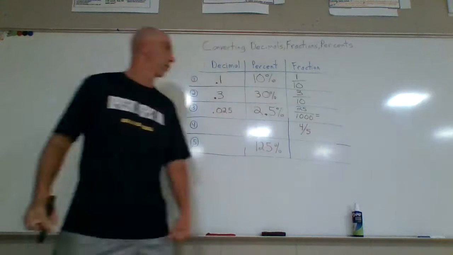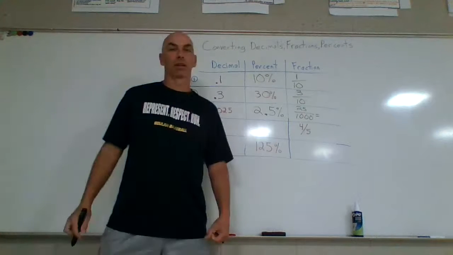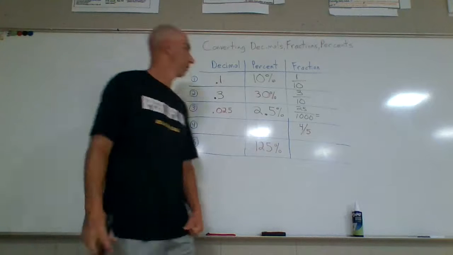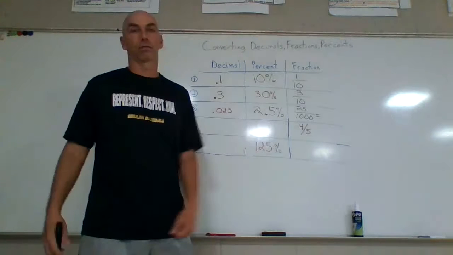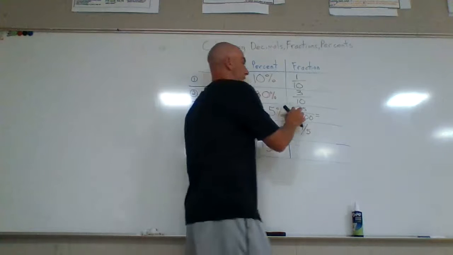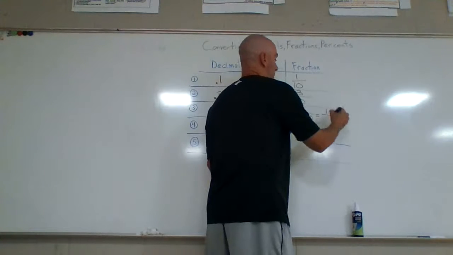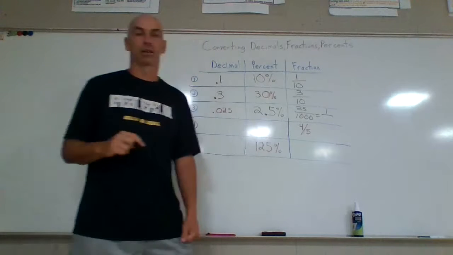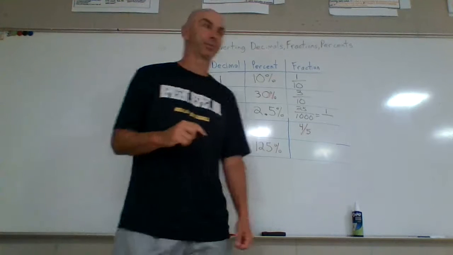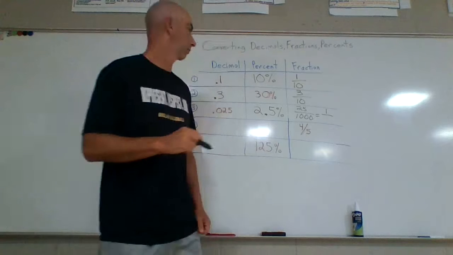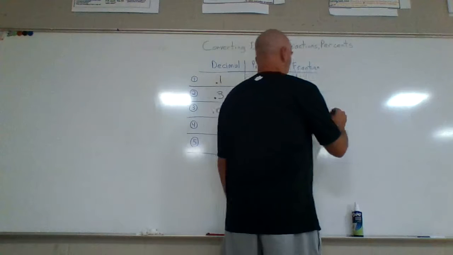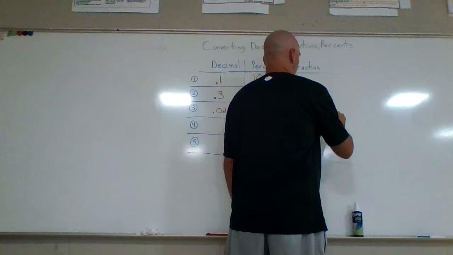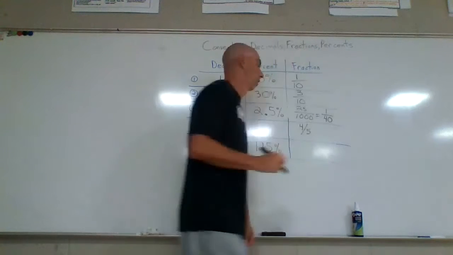Okay, but 25 over 1,000 can be simplified. We know 25 goes into both of them, so 25 divided by 25 is 1. 1,000 divided by 25 is 40. So 1 over 40.